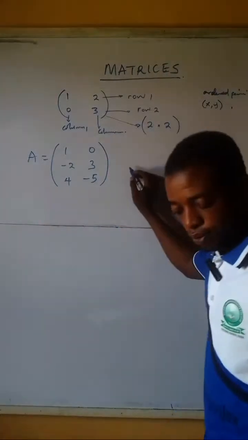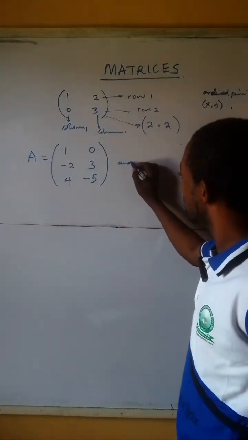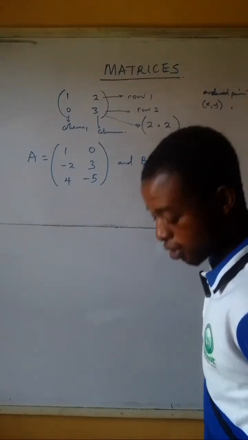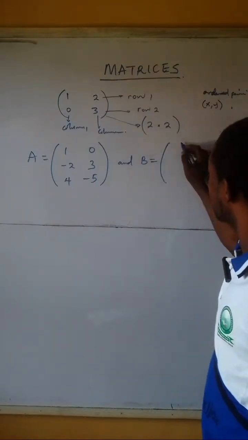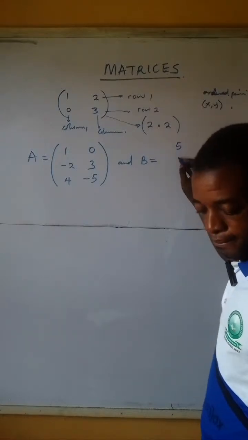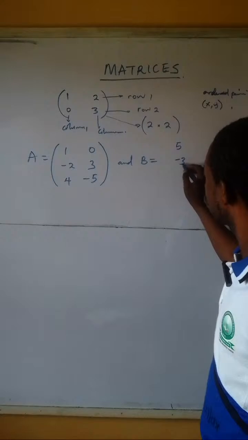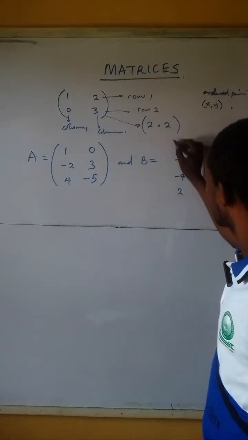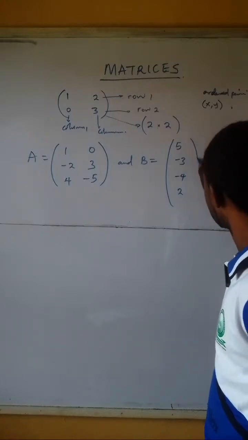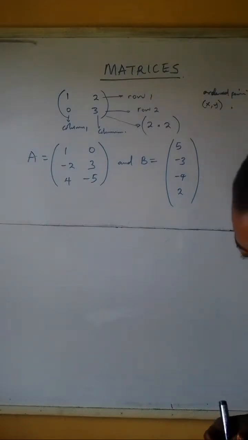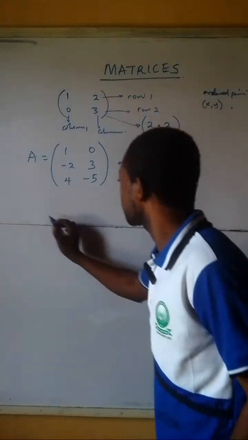Then we have another matrix denoted as B, and this here we have it as 5, minus 3, minus 4, and 2. So we have matrix B here. Then now let's identify the following. So determine number 1.